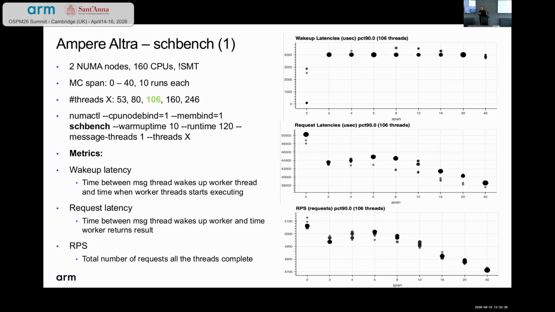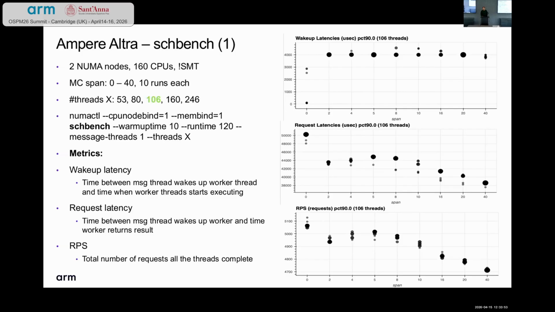So it depends on how you see it, what's more important for you, because it's not a one-to-one correspondence between RPS and latency. There is also contention on the run queues, and you could see that 106 threads is essentially the problem where it changes from being underutilized to a massively overutilized situation.